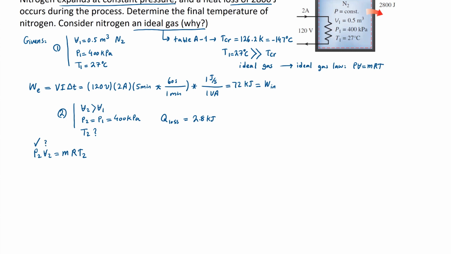Volume in state 2 is not known, but I just know that volume increases. Mass in state 2, I can solve for it. R is given in the table for nitrogen, and T2 is unknown. So I'm dealing with one equation and two unknowns. In order to solve the equation, the number of equations should be equal to the number of unknowns. So I'm going to need an additional equation.